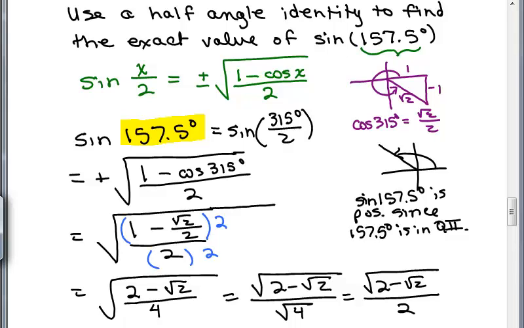All right, in part A, we computed the sine of 157.5 degrees using the half-angle identity for sine. And so the result was that the sine of 157.5 degrees was the square root of 2 minus root 2 all over 2.